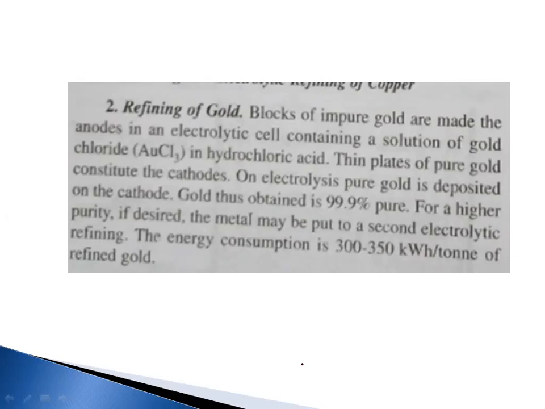On electrolysis, the gold is deposited on the cathode and gold thus obtained is 99.9% pure. For a higher purity, if desired, the metal may be put to a second electrolytic refining. The energy consumption is 300 to 350 kilowatt hour per ton of the refined gold.